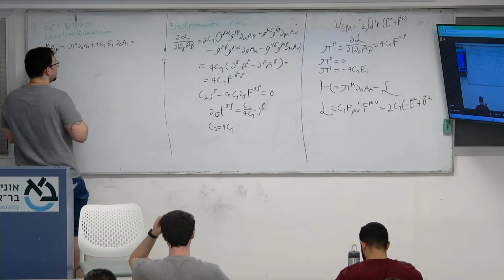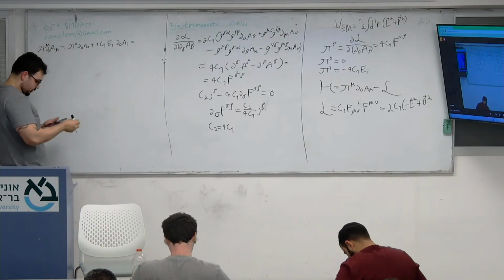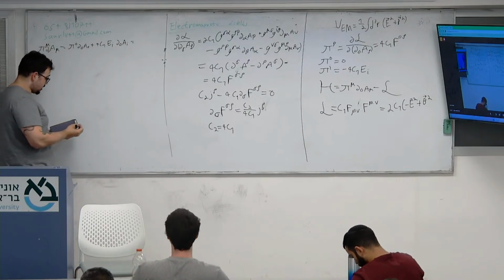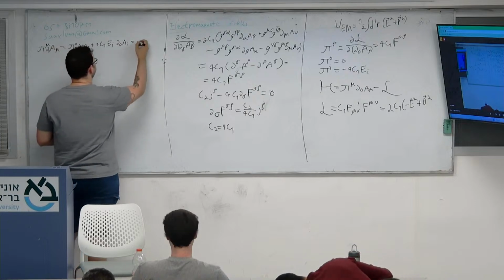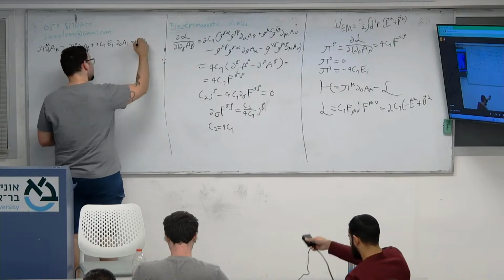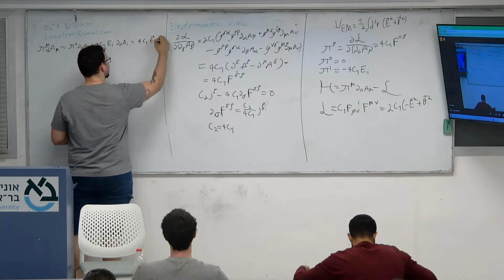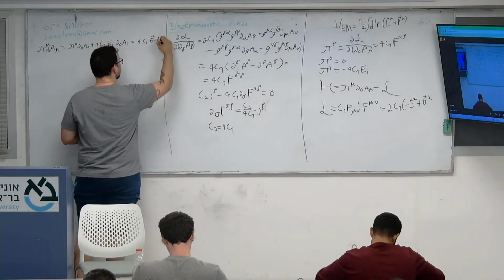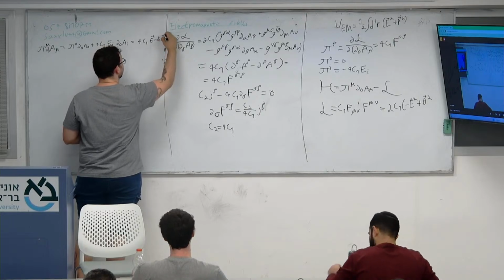So we see that overall, this entire equation will just be equal to 4c1 e vector dot 0 e vector.